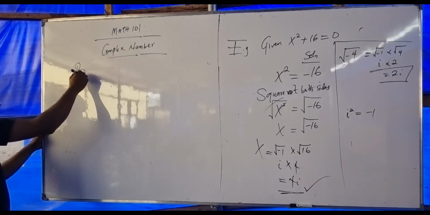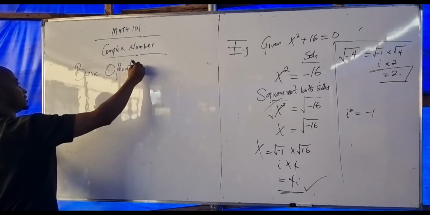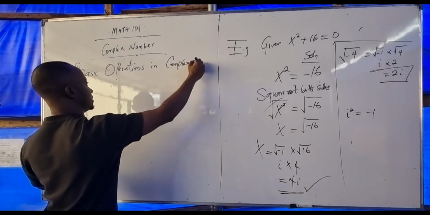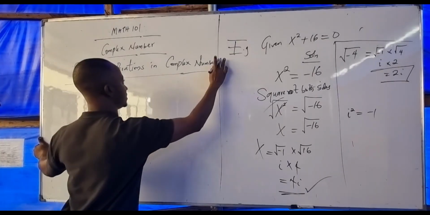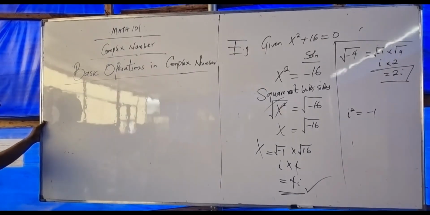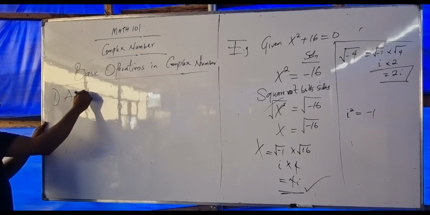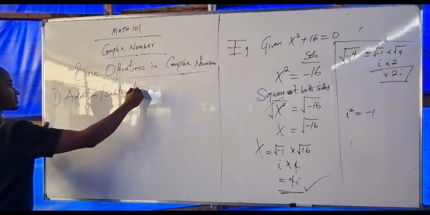Okay, basic operations in complex numbers. We have some basic operations. We have the addition and subtraction.